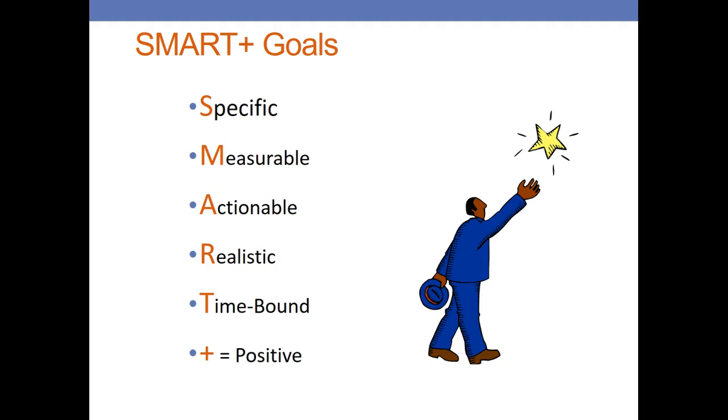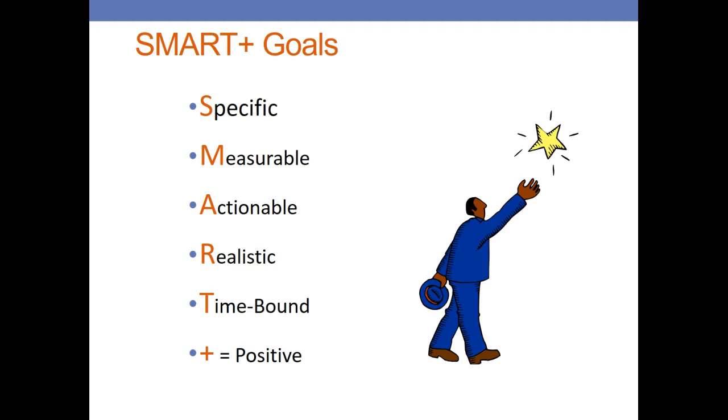Probably most, if not all of you, have heard of SMART goals before. You might not have all learned the acronym the exact same way, but that's okay because for this class, this is the version I want you to remember, and it's got a little twist. We're going to talk about SMART Plus goals, so you need that little positive sign at the end.